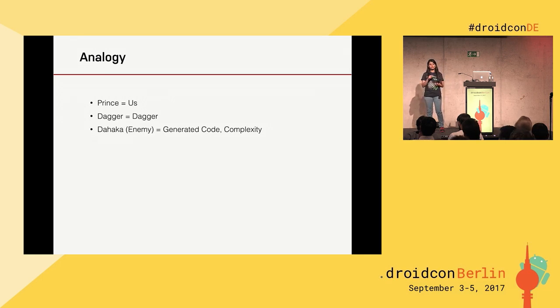And when you try to go through those classes, there's a point when you feel that it is a bit overwhelming to go through the code. There are a lot of annotations and everything. So I'm going to try to explain these things to make it a little bit easier. We're going to try to defeat the Dahaka, and we are also going to try to befriend the beast.